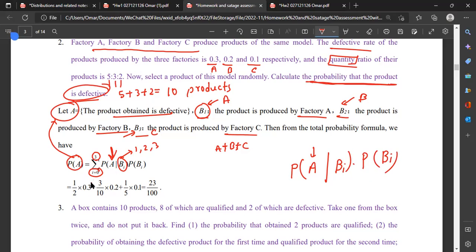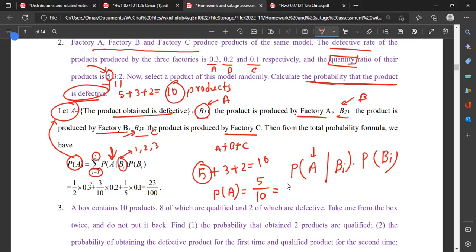And then we have a total of 10 products, and A produces 5 of them, because the quantity ratio for A is 5. So A produces 5, B produces 3, and C produces 2. So probability of getting the product from A company is 5 by 10.